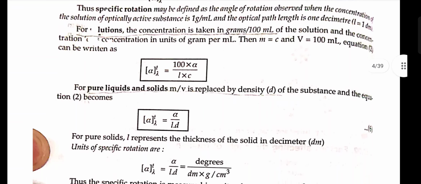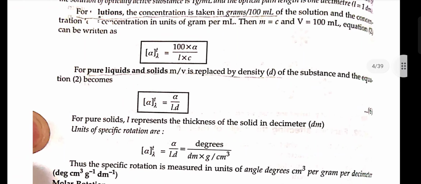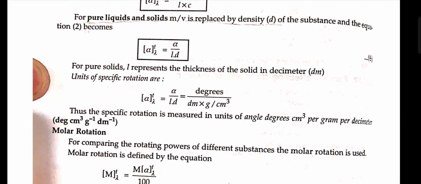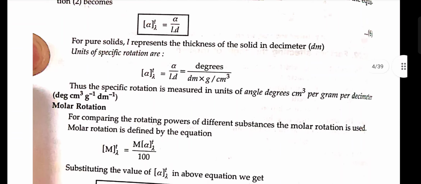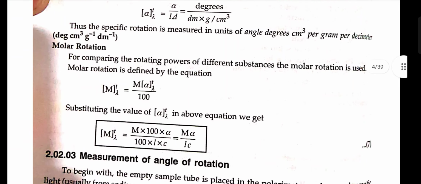For a pure liquid, that is equation 6, it is alpha divided by length into density. For pure solids it is the same as for liquids. And for molar rotation, the specific rotation is multiplied by the molar mass and divided by 100.